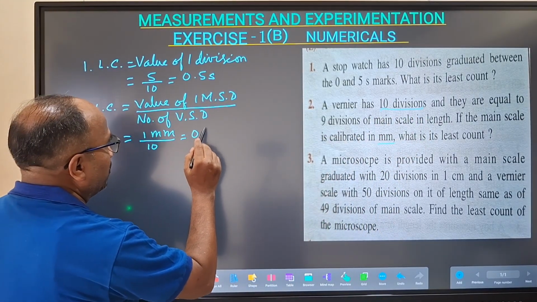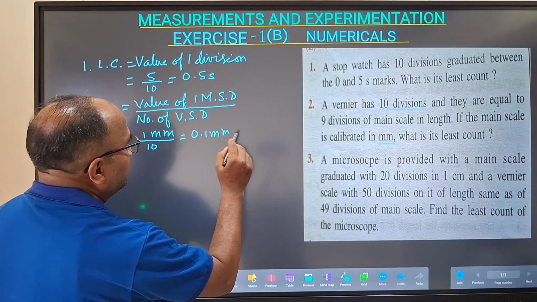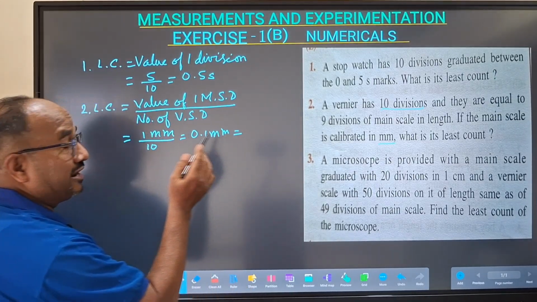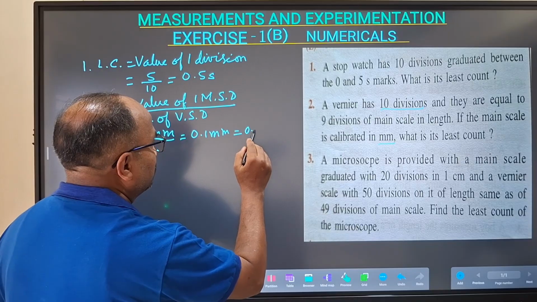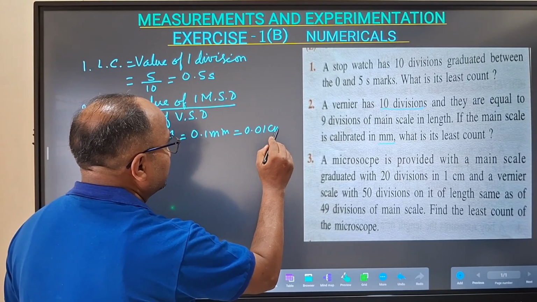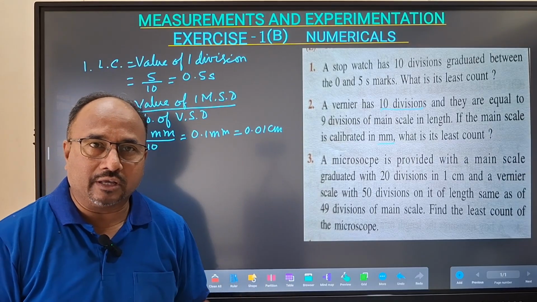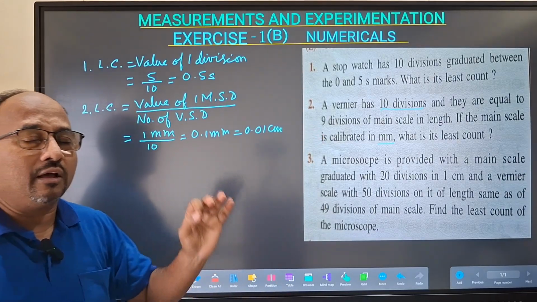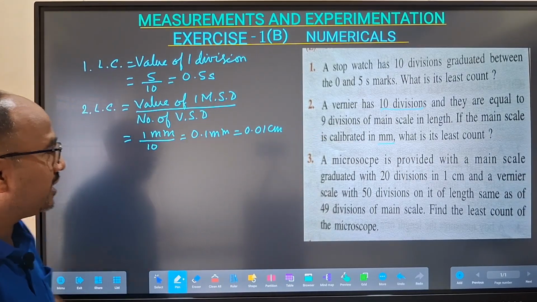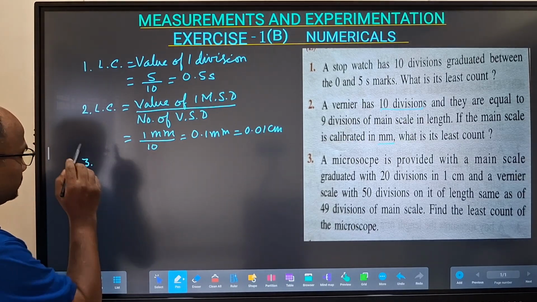So it is 0.1 millimeter, and we can write it in centimeter by dividing by 10. It will move one place backward: 0.01 centimeter. So that completes the second numerical. It is a direct formula numerical. Now let us take a look at the third one.